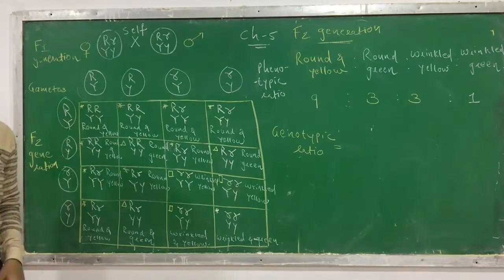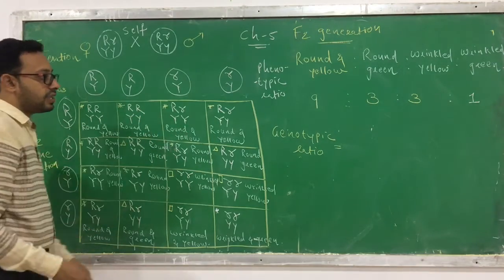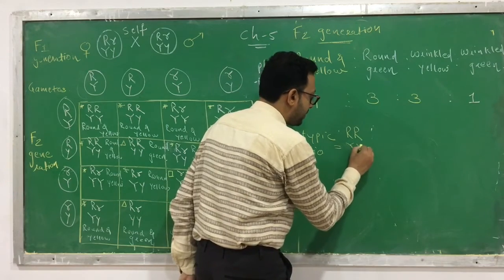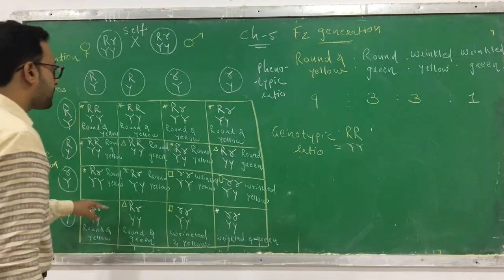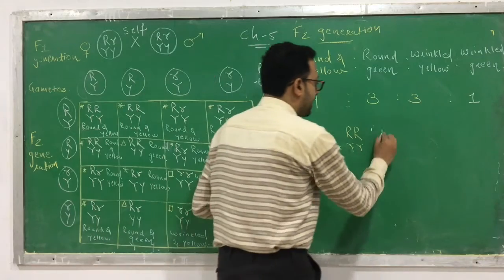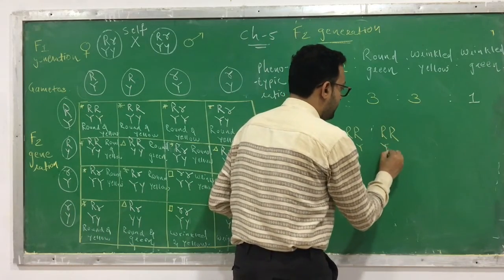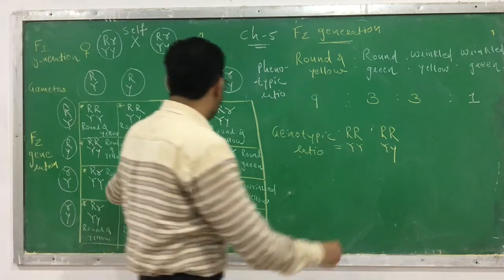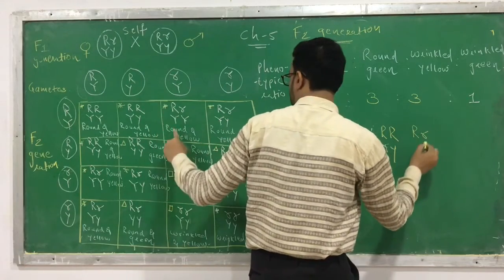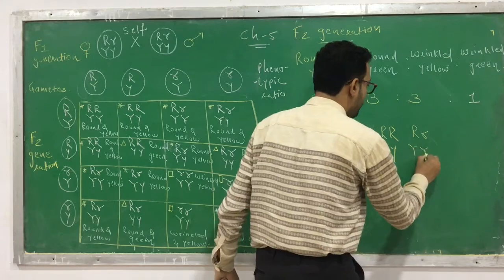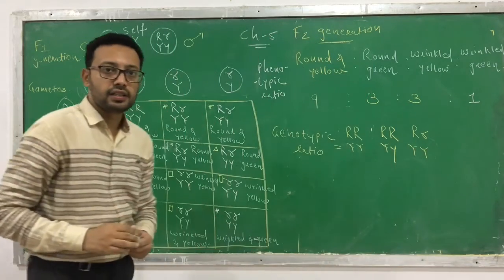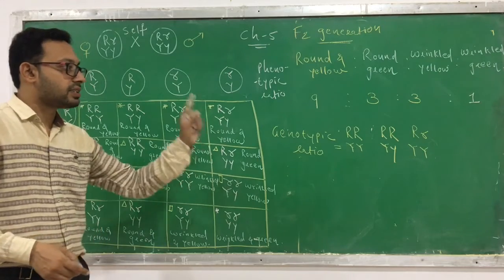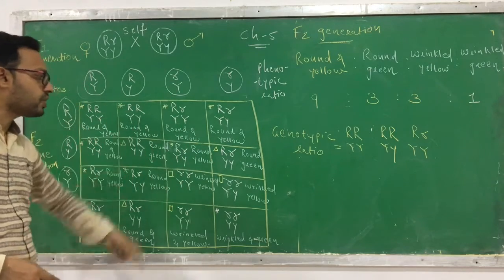Like suppose genotypic ratio capital R, capital Y, how much they are counted. Second possibility capital R, capital Y, small y. How many? This is the third one: capital R, small r, capital Y, how many? Clear? So you want to find out the genotypic ratio by writing this, that you have to do in a homework. You just have to count it.